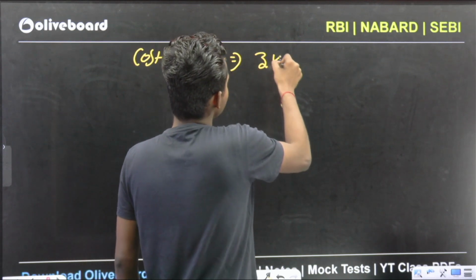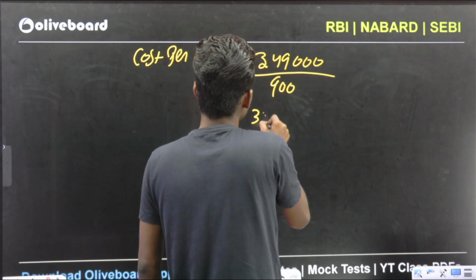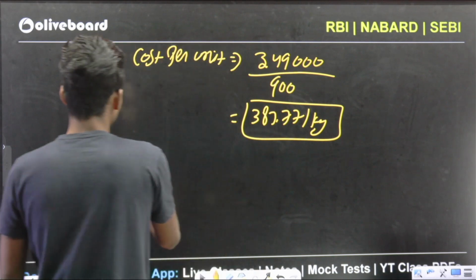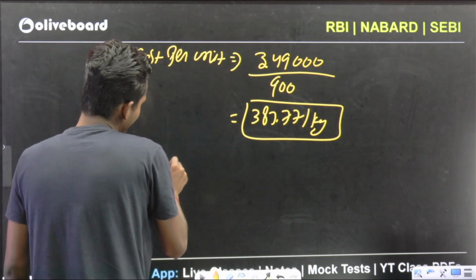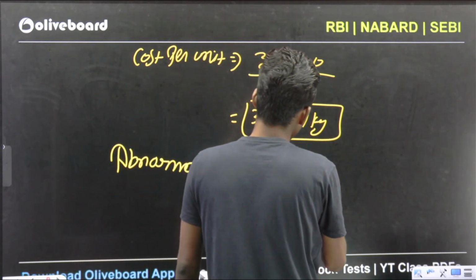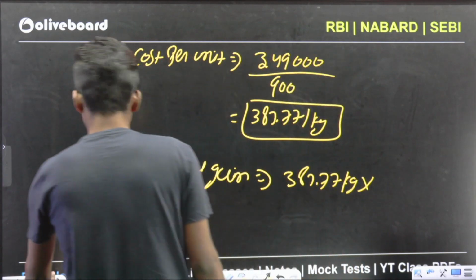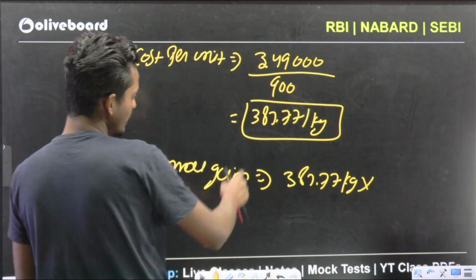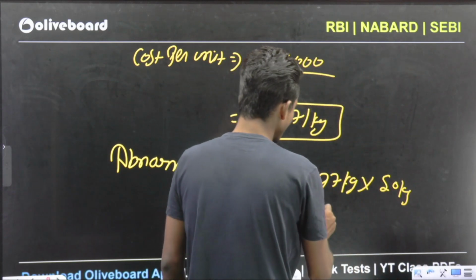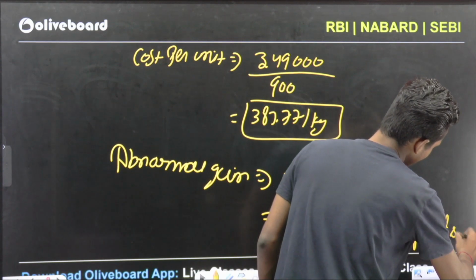So I can simply take 3,49,000 divided by 900 kg, which gives 387.77 per kg as the cost per unit. For the treatment of abnormal gain, I have to multiply this 387.77 per kg by the 50 units, and transfer it to the P&L account.